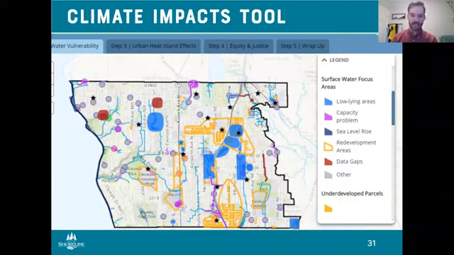You would map your project and then navigate through these different tabs with different information overlaid to see where we have opportunities to build resiliency and address some of these issues that we know are going to be problems moving forward when we're going in to make a capital improvement. So this first tab here is surface water vulnerabilities, looking for ways to enhance stormwater management.